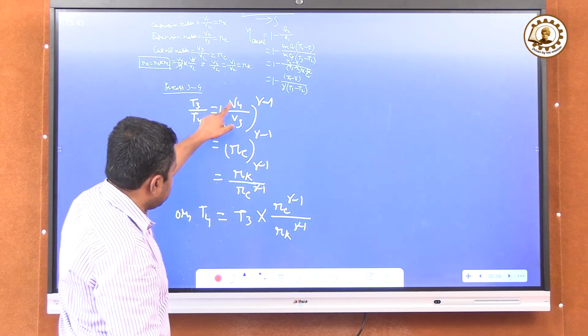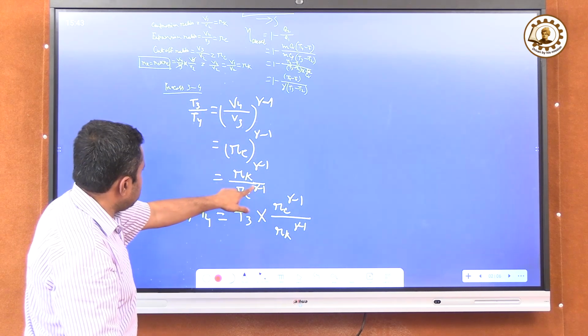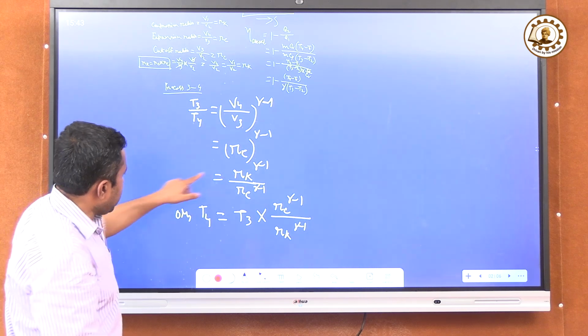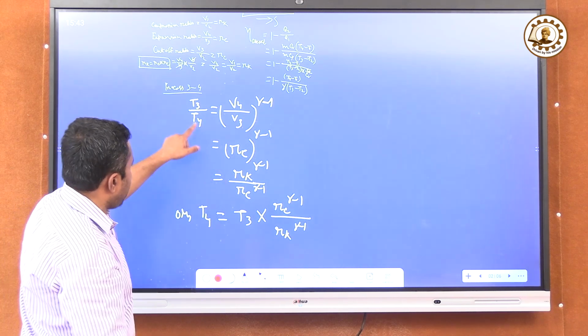Whenever it goes to that side, Rk comes to the lower side and Rc goes to the upper side.